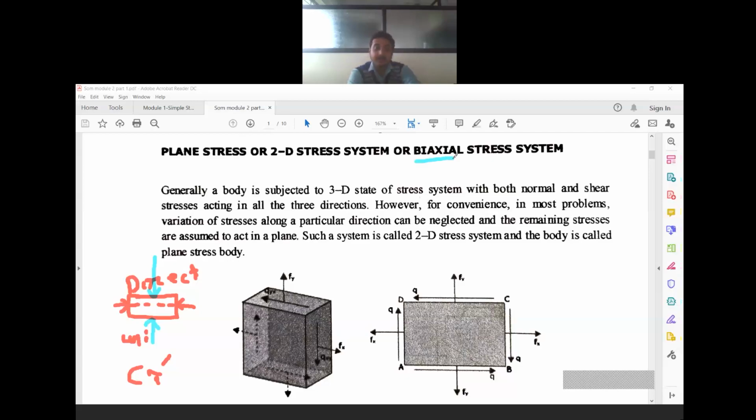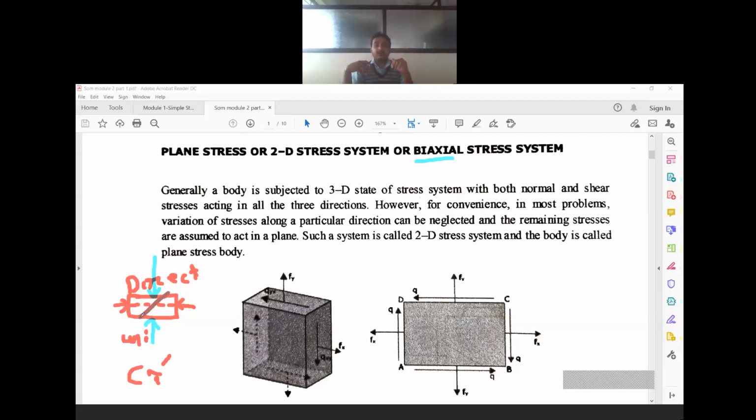If I apply a force in the third direction, which may look like this, then we call it a triaxial system.